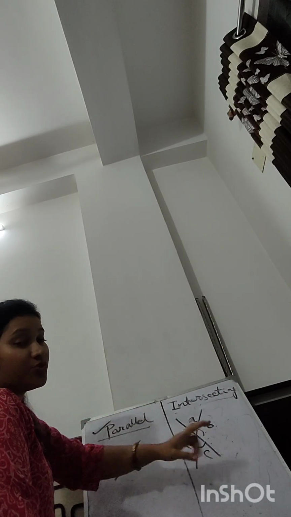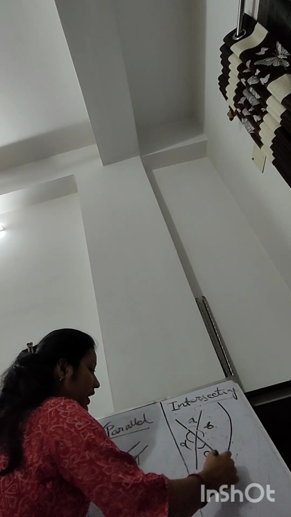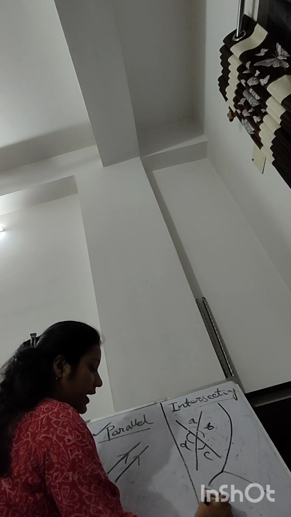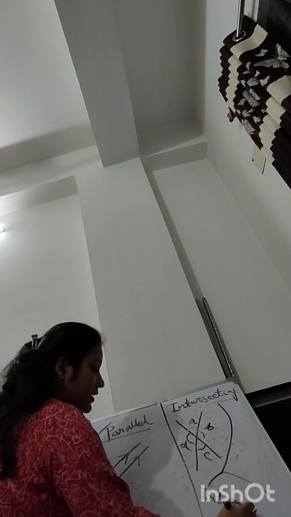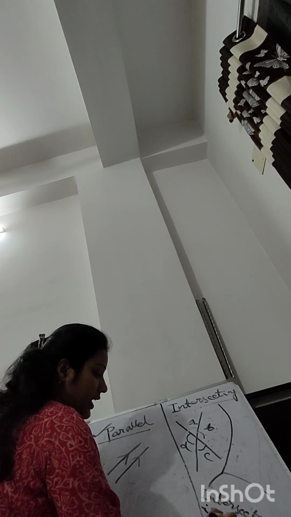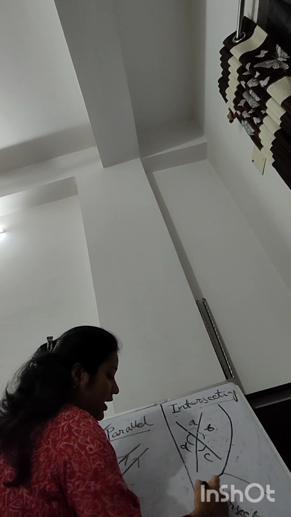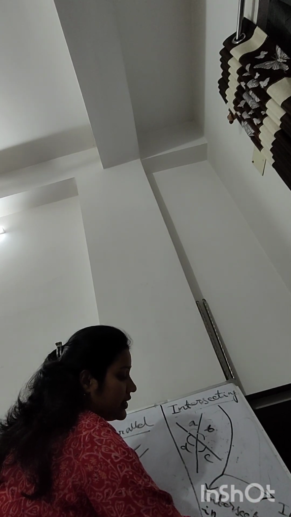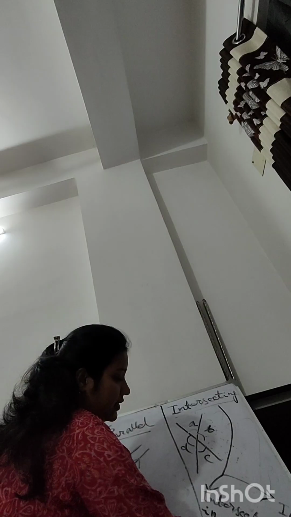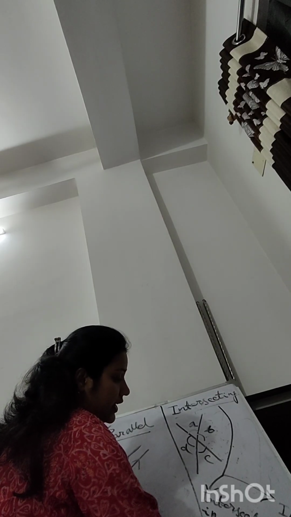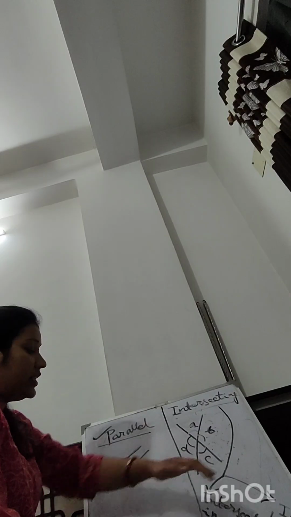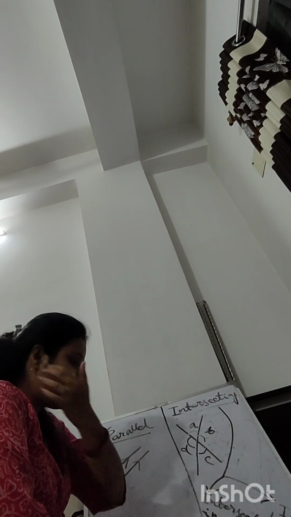So it has two subparts. That means intersecting lines can be divided in two. It can intersect at a right angle, at 90 degrees, and the other is intersecting at other than 90 degrees. So either it is an acute angle or an obtuse angle.